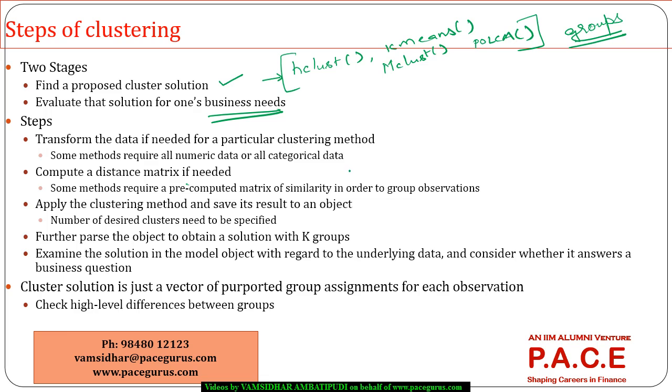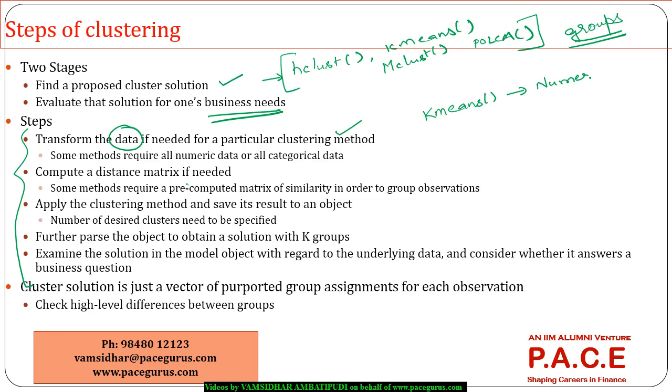Then, regarding the various steps in cluster analysis, the first step is to transform the data. In some cases, I require the data to be transformed, because different clustering methods have different requirements for the data. For example, k-means uses the concept of means, so it definitely requires numeric data.